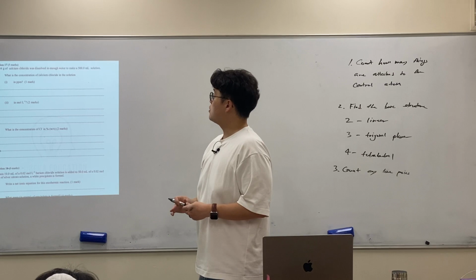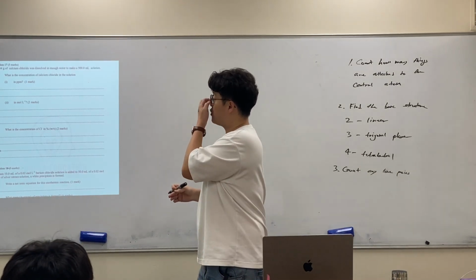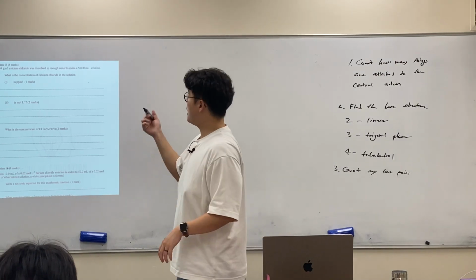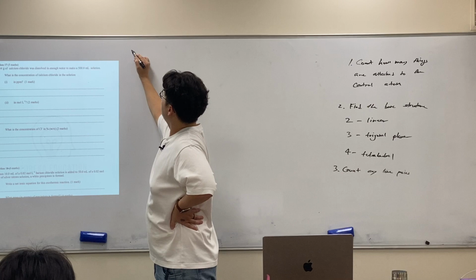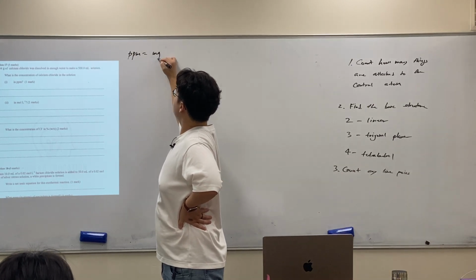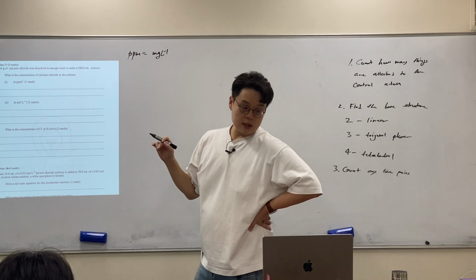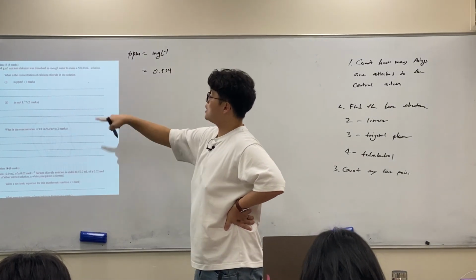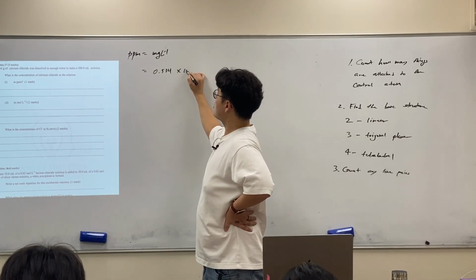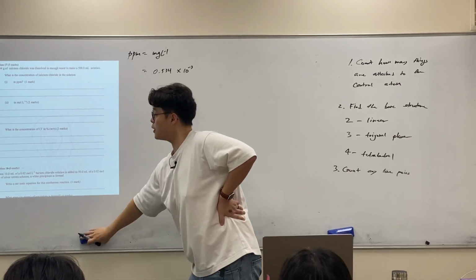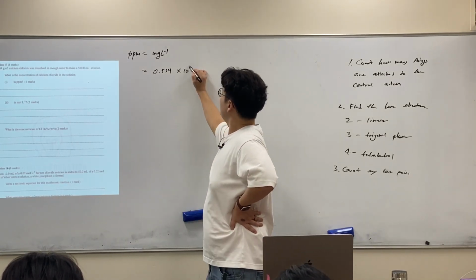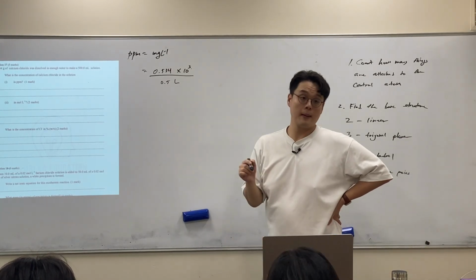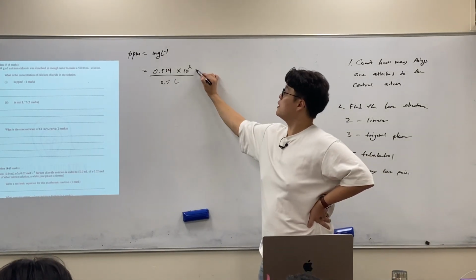0.534 grams of calcium chloride was dissolved in enough water to make 500 ml of solution. So for unit conversion, we need to find the calcium in ppm. ppm again stands for milligrams per liter. That can be found by converting 0.534 grams into milligrams, times 10 to the power 3, divided by the liter, which is 0.5 liter.